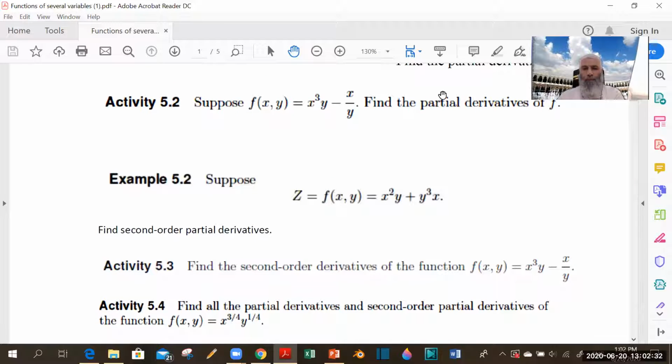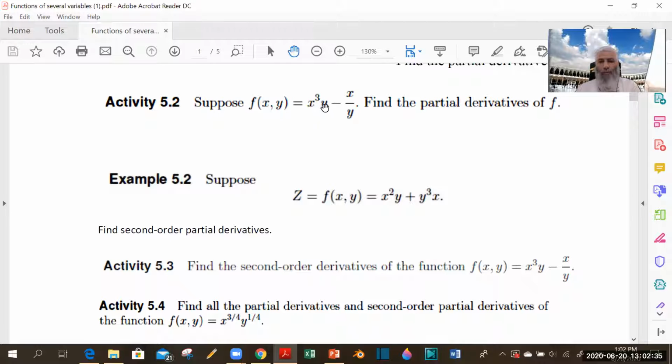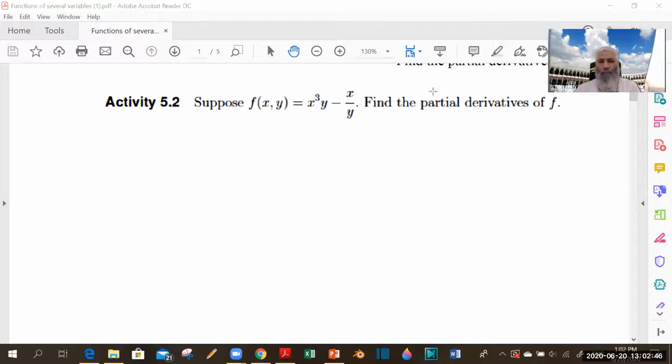Suppose f(x, y) equals x cubed y minus x over y. Find the partial derivative with respect to x. So we start with the derivative with respect to x: 3x squared y minus, the derivative of x is 1, so 1 over y.